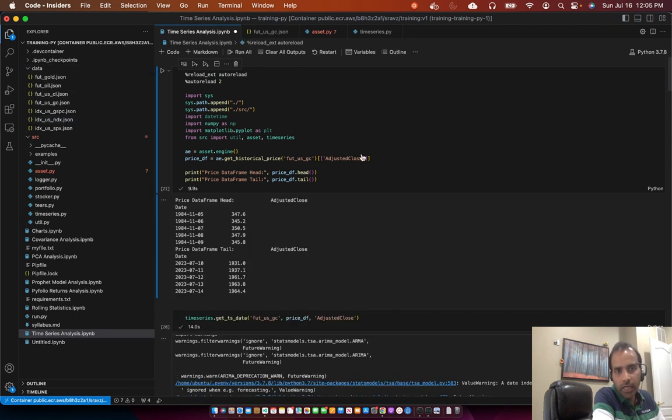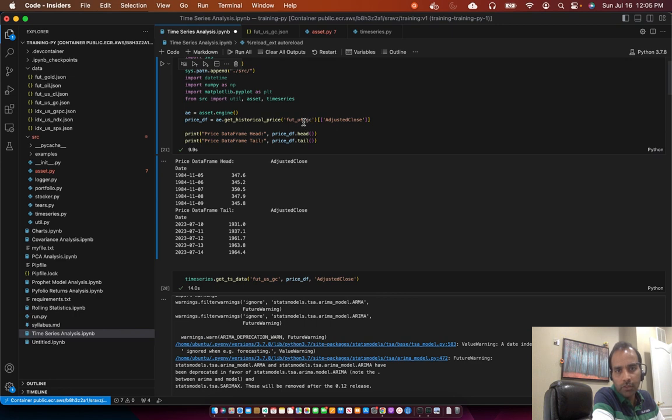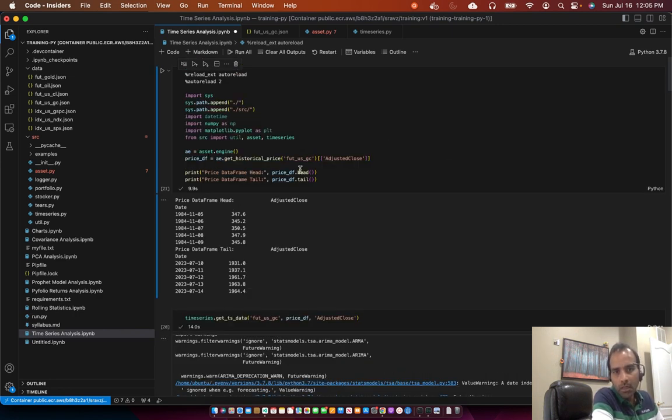I'm going to analyze the futures price of gold in this Jupyter notebook. I printed the head and the tail of the price series. Gold settled at 1964 on July 14th, that was the day before yesterday.